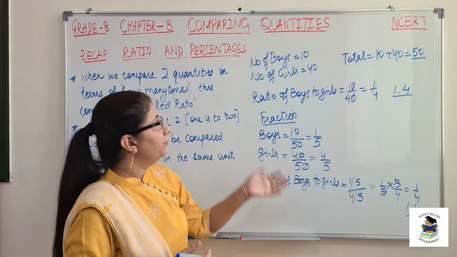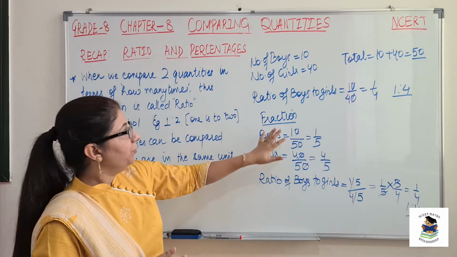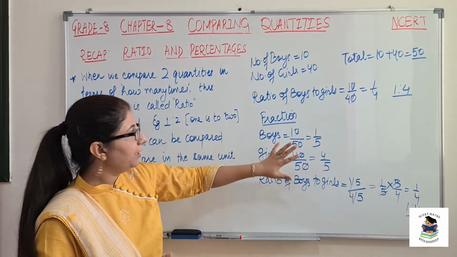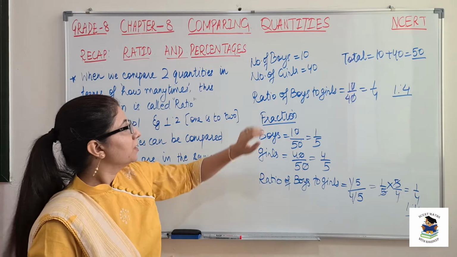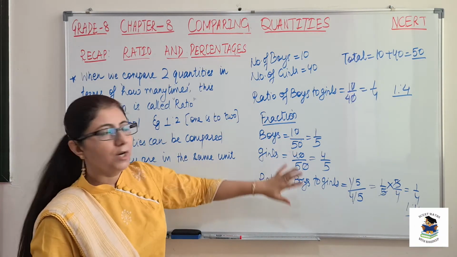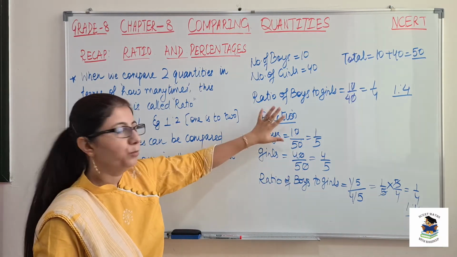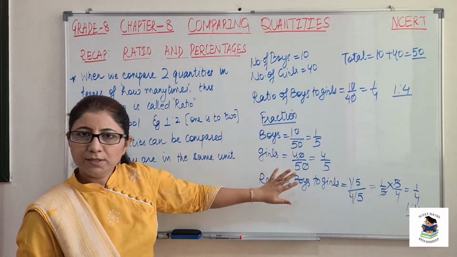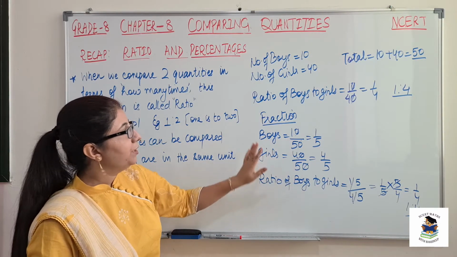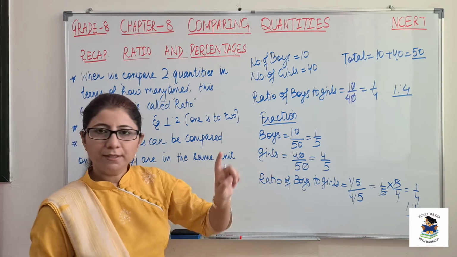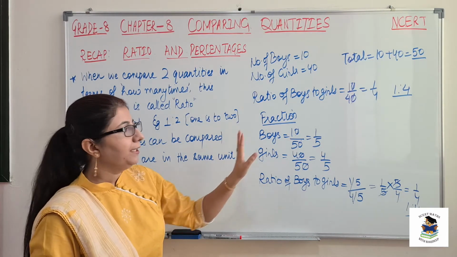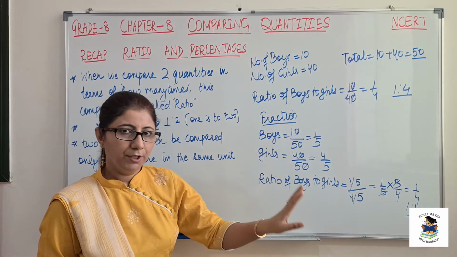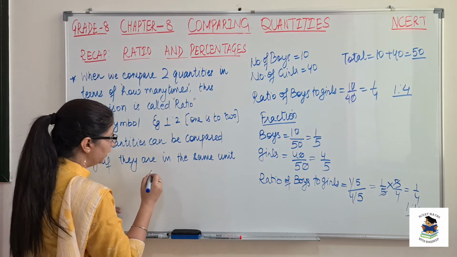In the same way, suppose in our given example, we want to find the percentage of boys in the class or girls in the class. So what we will do is, whatever quantity is under consideration, you can directly multiply this with 100. I'll tell you one formula.